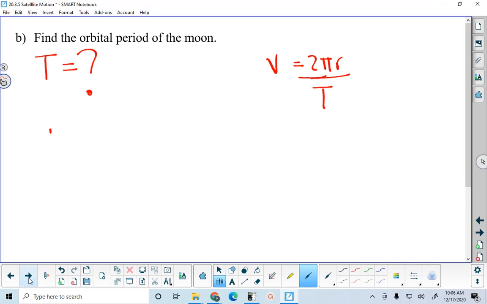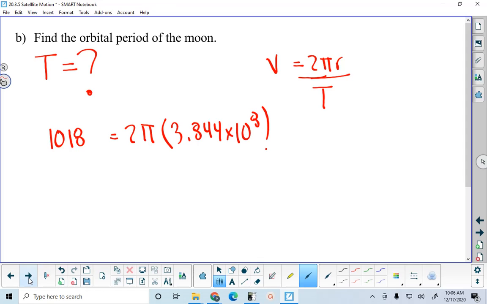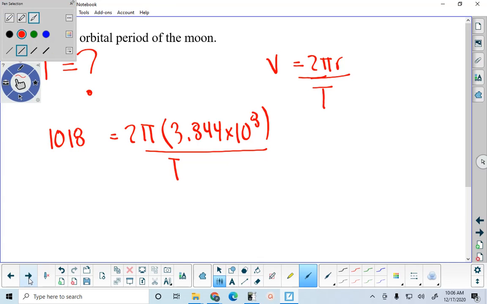We're going to have the speed of 1018 is equal to 2 times pi times the radius divided by t. Basically, when you rearrange this type of equation, you can swap the locations of these two things. So I think my grade 6 teacher taught me this.